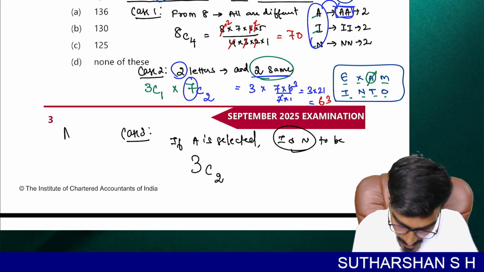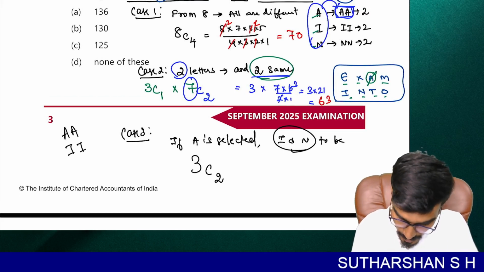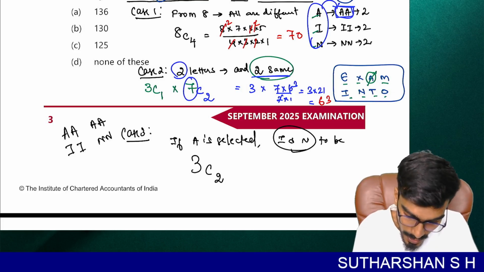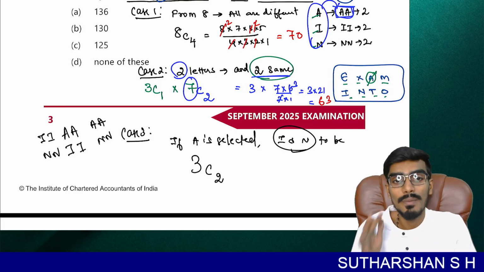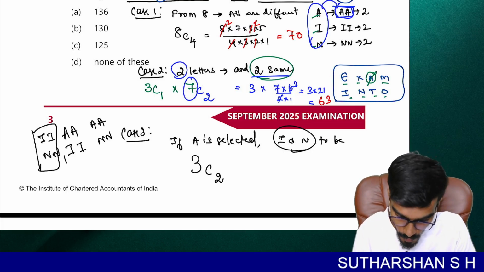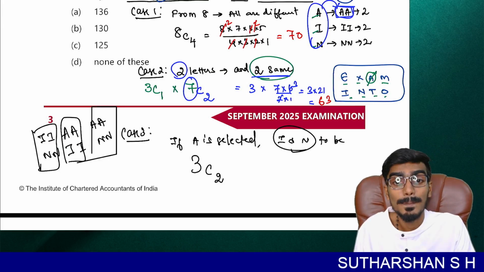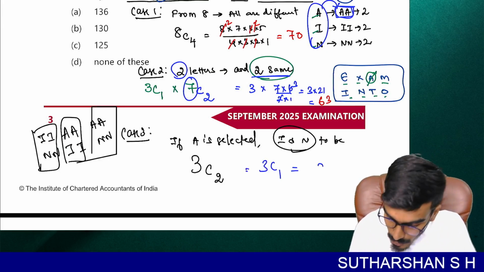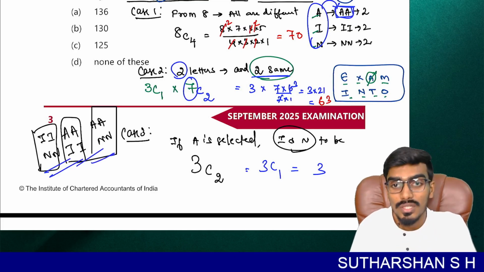So if I select AA, then it can be II, or AA and NN, or either it can be IINN. This is the only combination there is: combo 1, combo 2, combo 3. So 3C2 is nothing but 3C1, which is equivalent to 3. That's how you got the 3 combinations.